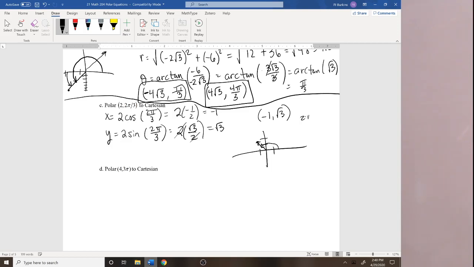So 2 pi over 3 times 180 over pi, that's 120, so that's good. That's the correct angle. And then it says a positive radius of 2, so in the same direction as the angle. So that's good.